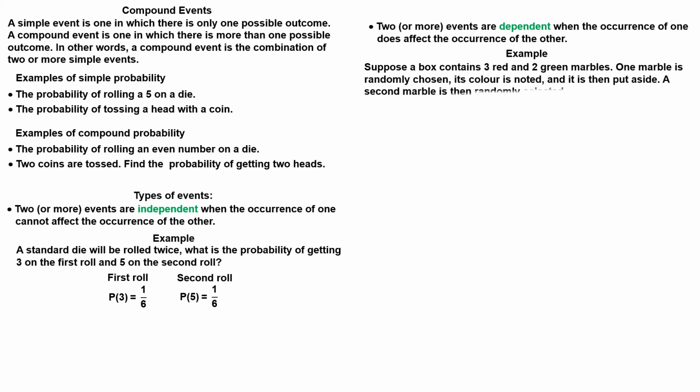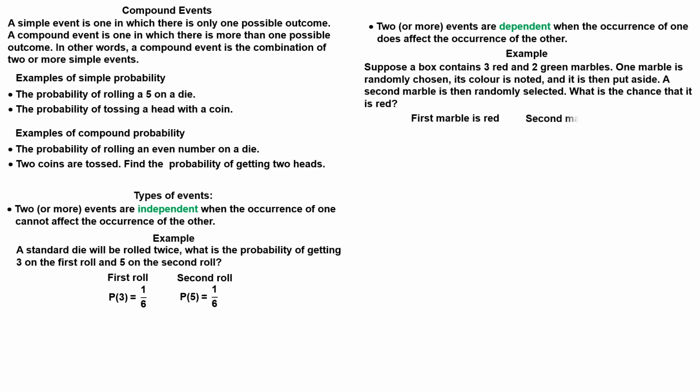A second marble is then randomly selected. What is the chance that it is red? There are 5 marbles in the box. If, the first time, we select a red marble, there will be 4 marbles to choose from in the box, 2 green and 2 red.